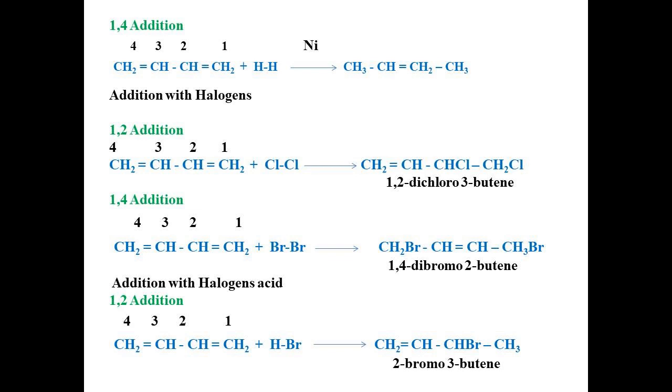Next is addition with the halogen acids. Hydrogen bromide is taken as the reactant with 1,3-butadiene. It gives 2-bromo 3-butene as the product. Hydrogen bromide is added at the first and second carbon. This is the addition reaction of halogen acid, giving 2-bromo 3-butene.